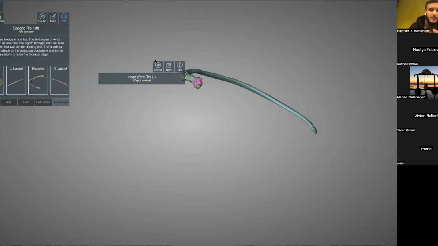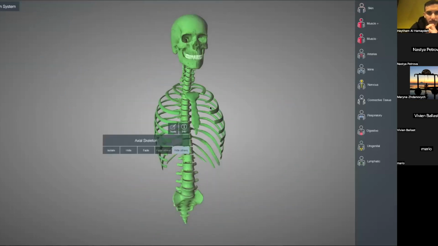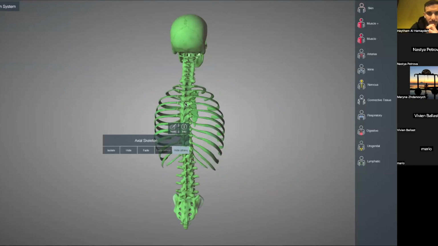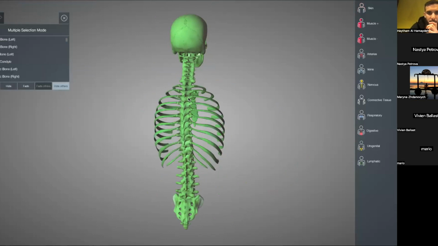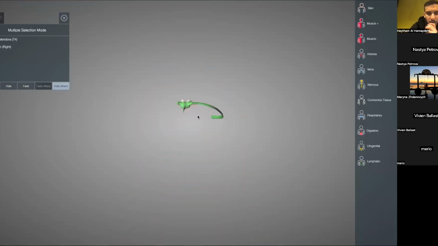I'll explain what this means. If I go and select this, give me a second, reset. If I select and hide others, look, now we zoom in at the part.